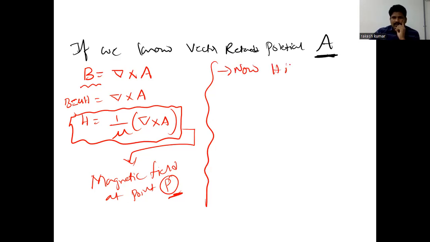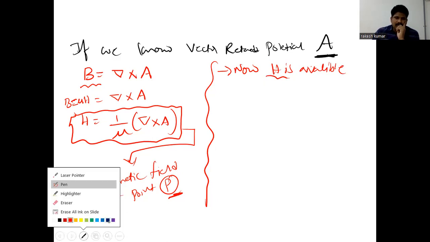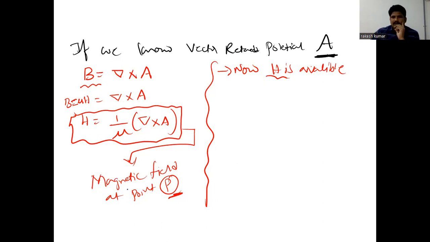Now H is available. But the other thing you want to calculate is the electric field. How to calculate the electric field? We use Maxwell's equation: del cross H is equal to J plus epsilon dou E by dou t.